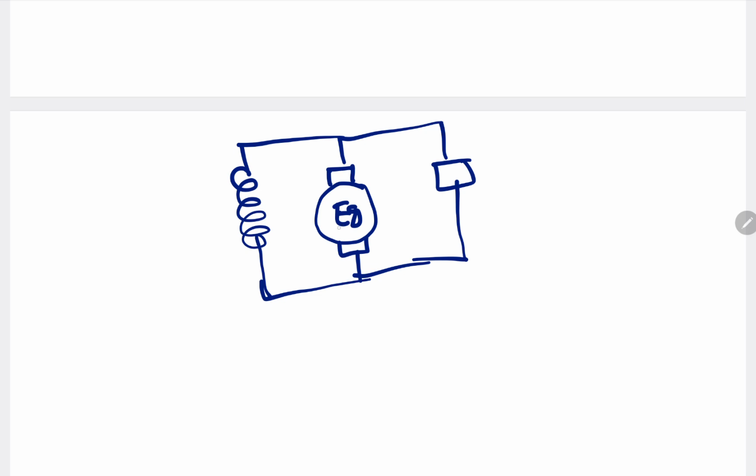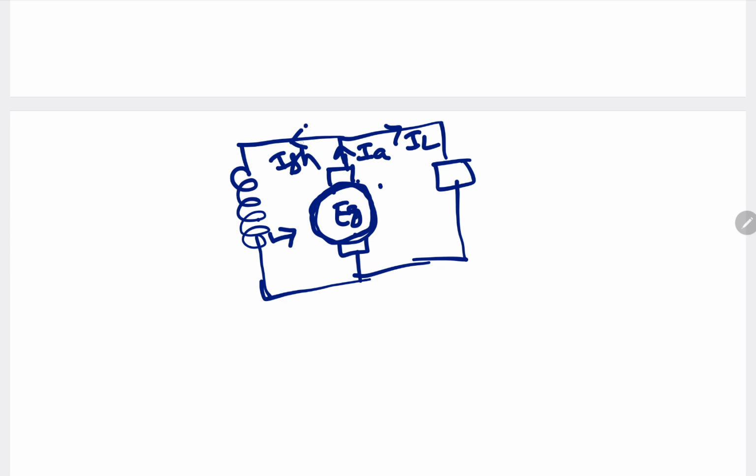Whenever the armature conductors start rotating, they will cut the flux provided by the field winding, then we will get the EMF, then we get some output, and it will produce current Ia, and it will go into the field winding as well as into the load. But the question is, to get this EMF, we need to have the power supply to the field winding. So how are we getting that initial output? How are we getting this initial EMF?